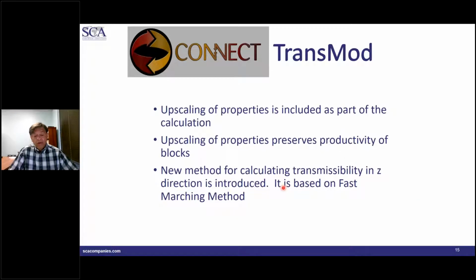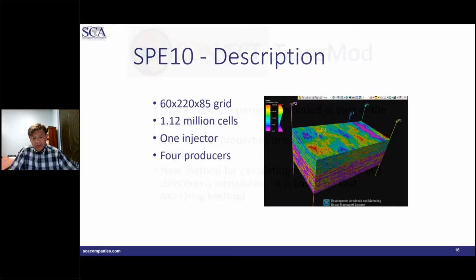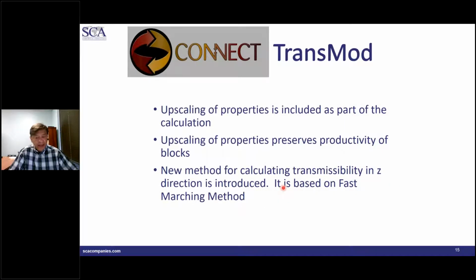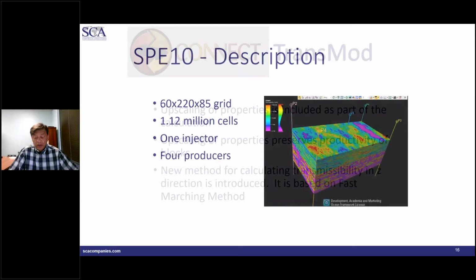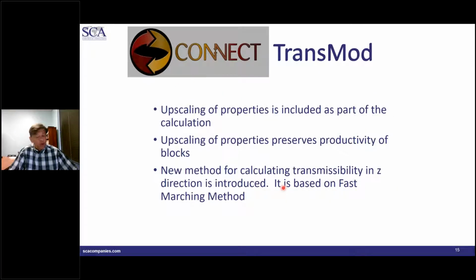So what we do in Transmod is we upscale the properties using our own method. And again, a lot of this work was developed by Mike King. We use the upscaling process so that we provide our own upscaled properties and we make sure that the productivity, no matter where you drill the well, is still preserved, whether it's a horizontal well or a vertical well.